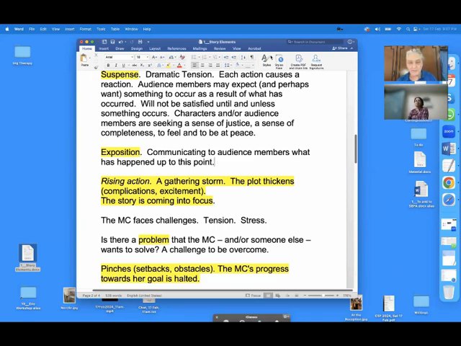After that scene calms down a little bit, the man who lives on the island, his daughter asks him, what was that storm and fire all about? And he explains to her the background. And that's a sneaky way of explaining to the audience the background of the whole thing.